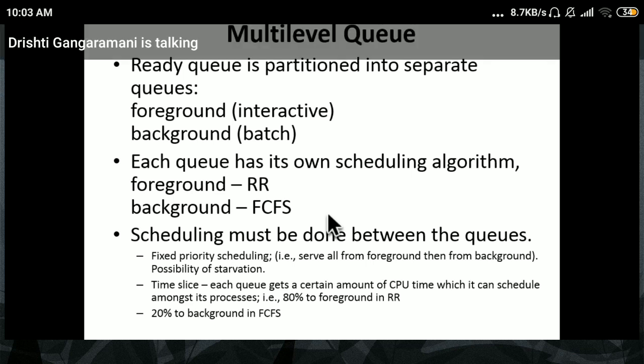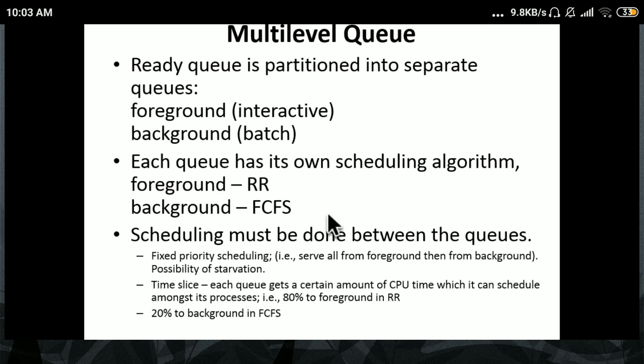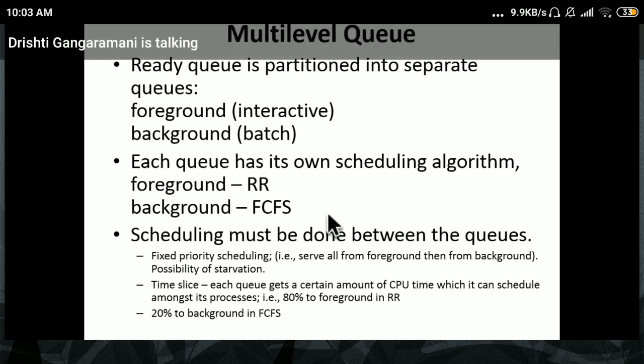What do we call foreground, and what do we call background? Any guesses? I'm asking the difference between foreground and background. Don't look at the slide. In foreground it's written interactive, and in background it's written batch operating system.